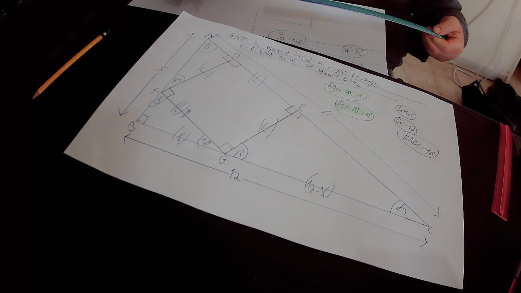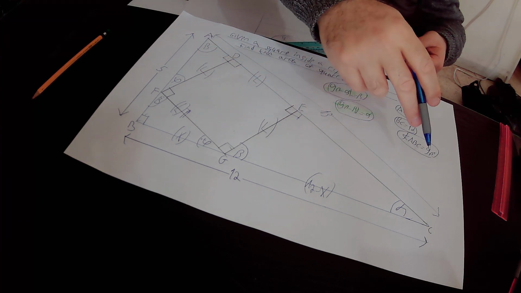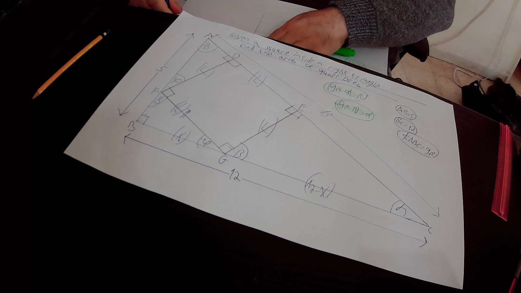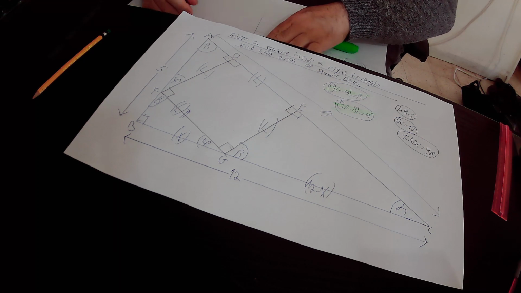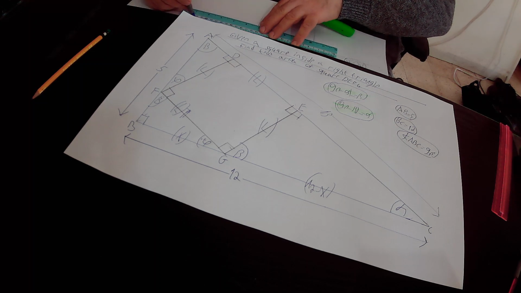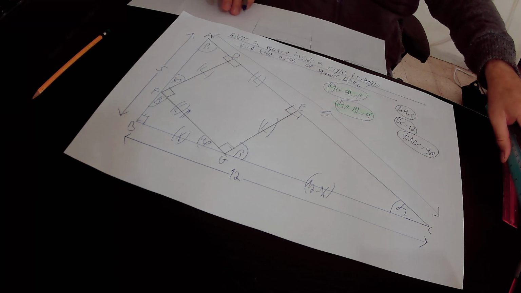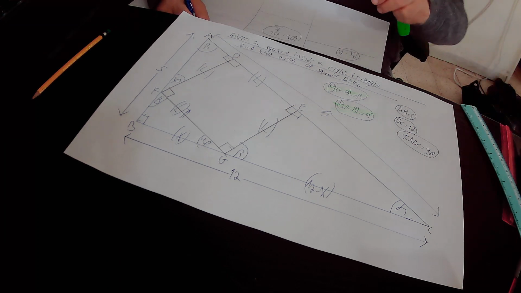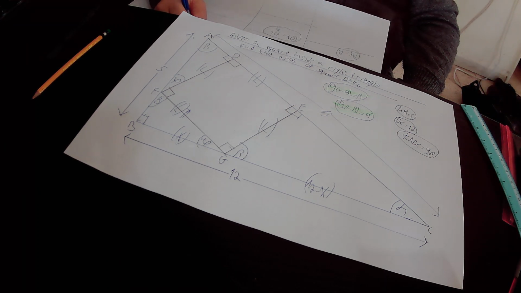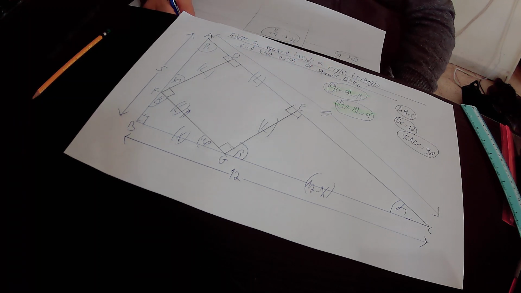Likewise, we know that the right big triangle ABC is similar to this right triangle EGC. So write it down. The right big triangle ABC is similar to the right small triangle EGC according to the angle similarity rule.